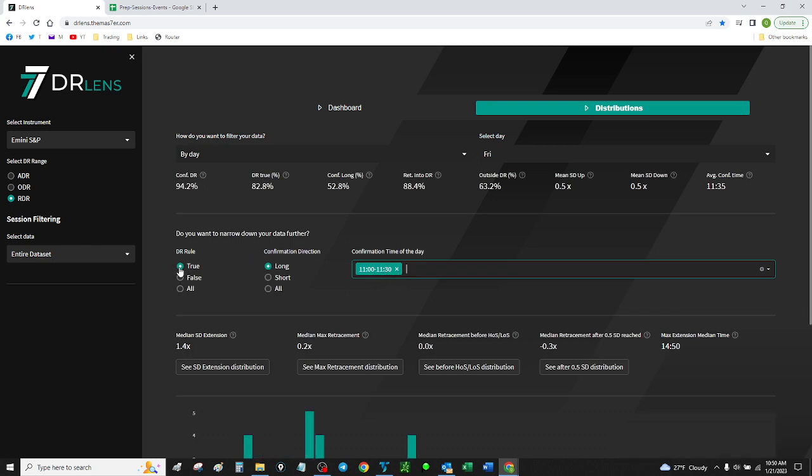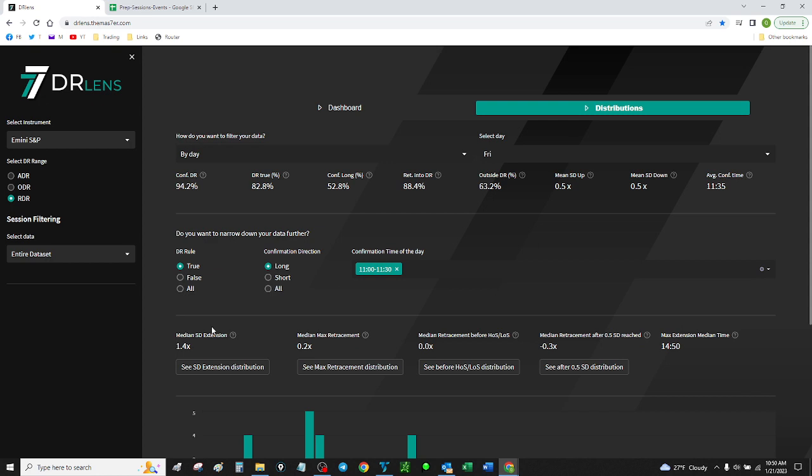As of right now, the DR rule is unknown. Well, I'm going to go with true, because it's true until it is proved false. For it to be proved false, it would have to go through the bottom end. So as of right now, it's a true confirmation in the long direction between 11 and 11:30.